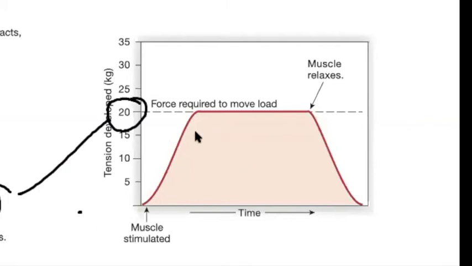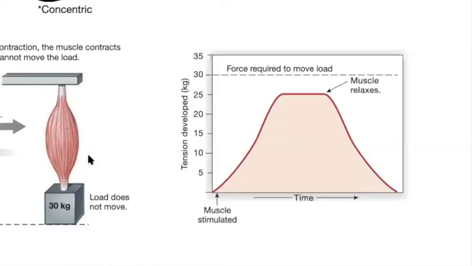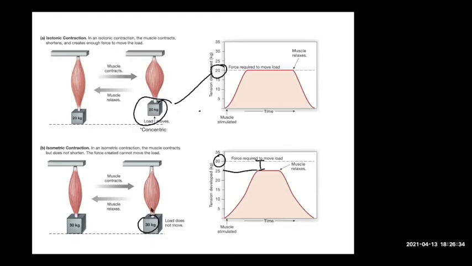You're contracting enough muscles to move that 20 kgs. Whereas in an isometric contraction, you're generating a force, but not quite enough, you haven't reached that yet. So the muscle is contracting, it's generating force, but it's not quite enough, in this isometric contraction, and the total length of the muscle isn't changing.